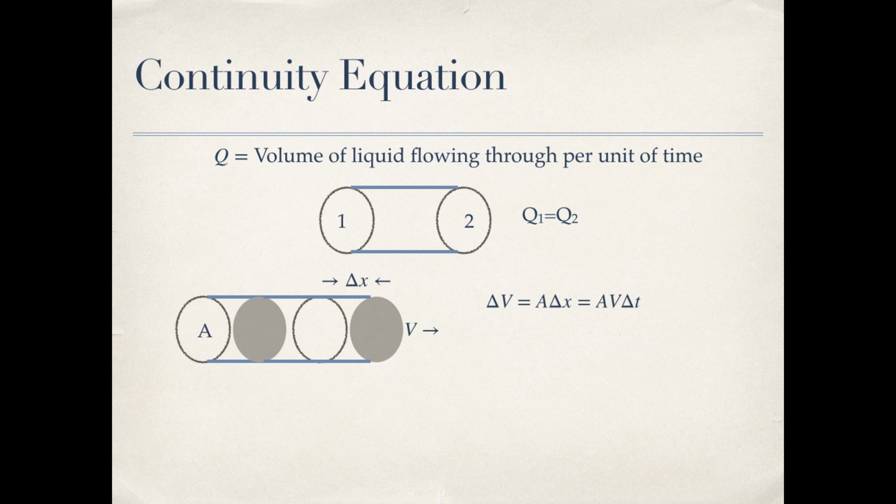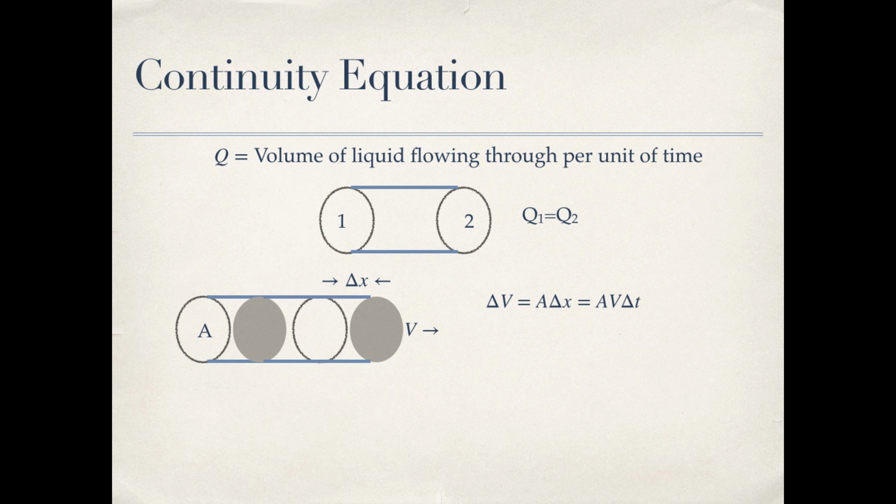So let's now see how we can proceed with a bit of analysis of it. We have the pipe. This is the area, and let's look at how much liquid goes in a unit of time when the liquid moves over a distance of dx. So the volume of liquid which moves is the area times dx.